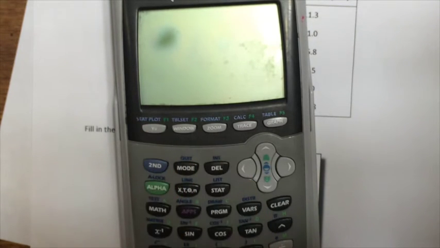What you're going to have to do is run a linear regression. If you've taken a stats course, you most likely know what that means. If not, don't worry, it's not a big deal. A linear regression is going to give us the line of best fit on a linear line.